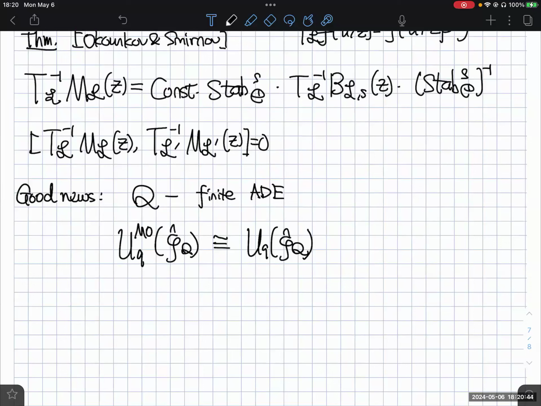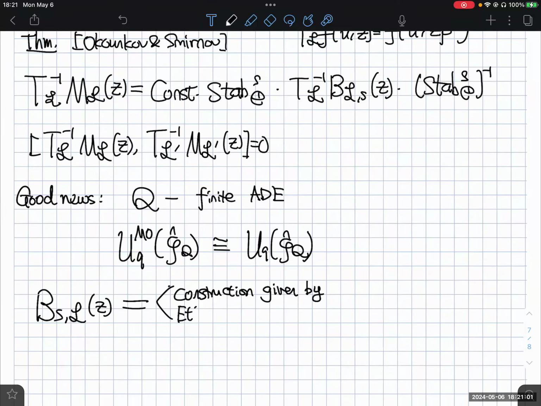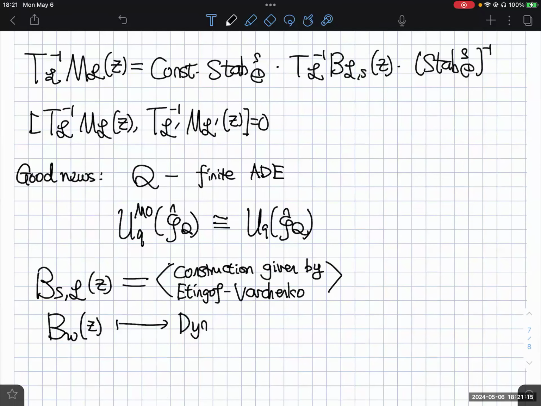In this case, this difference operator is equivalent to the construction given by Okounkov and Tianqing's construction, and this monodromy operator is actually the dynamical Weyl group operators constructed in EV.